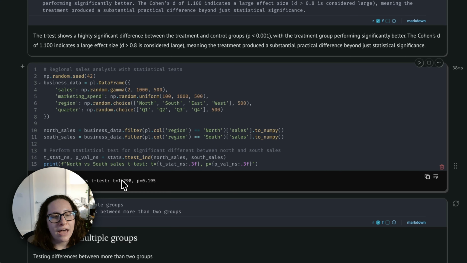And if we say that something within 2 standard deviations of the mean is an expected deviation, this t-statistic is not that high, and this p-value is actually telling us that it's above the alpha cutoff of 0.05, which indicates that we failed to reject the null hypothesis, meaning this test comes out for the null hypothesis, such that there is no statistically significant difference between these two groups, which makes sense because they were generated in very similar random ways, right?